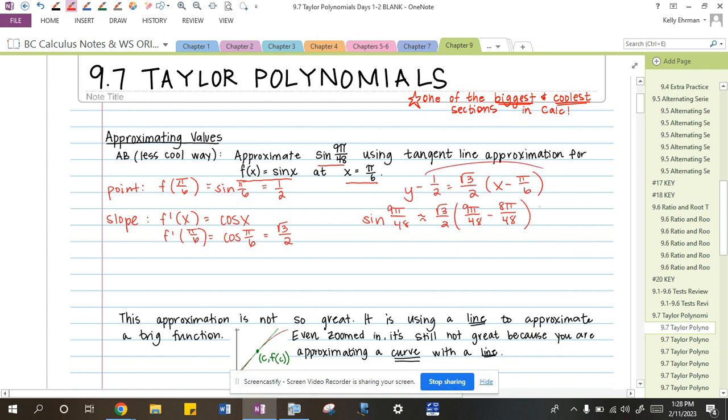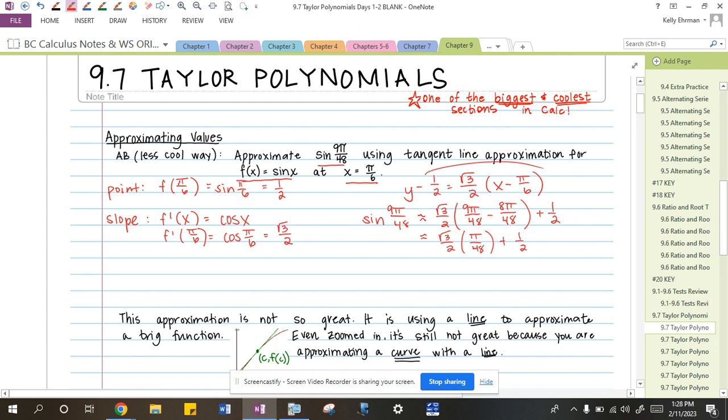And then this 1/2 needs to get added to the end of that. So whatever this comes out to, radical 3 over 2 times, that'd be pi over 48, plus 1/2. This would be our approximation for the sine of 9 pi over 48.